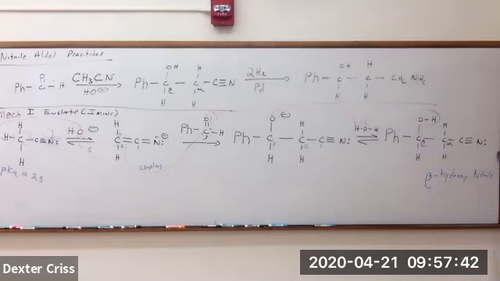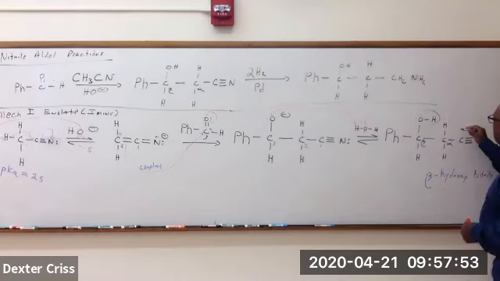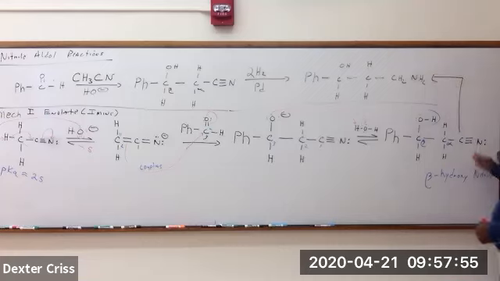Now, there's a couple of ways I can look at this. I'm going to actually shortcut here. If I take this nitrile at this point and treat it with 2 moles of hydrogen gas and any catalyst, whether it's lead or nickel or palladium, it will reduce.